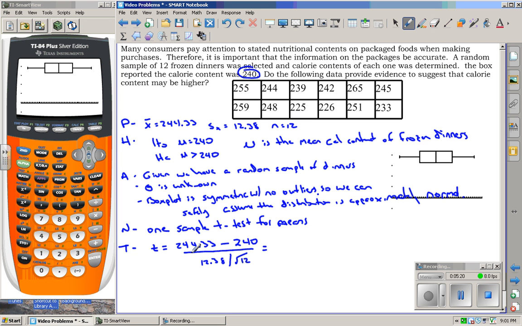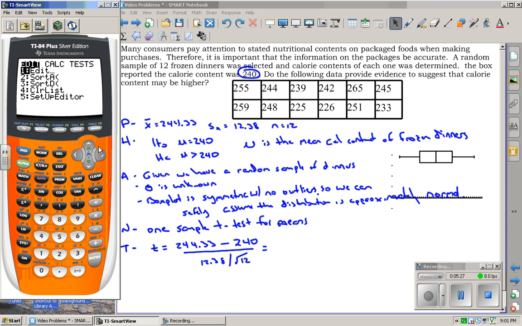Now, you can go ahead and plug that into your calculator and get the t-statistic that way, or you can do what I'm going to do next, which is I'm going to go directly into the test menu, go over to test, and you'll see number 2 is a t-test. We're going to do this based off of our data actually. We already have our data in the list. So if we go to data, the claim is 240, so we put in 240. All of our data is in list 1. The alternate hypothesis is that it's greater than, and then I'm going to draw it.